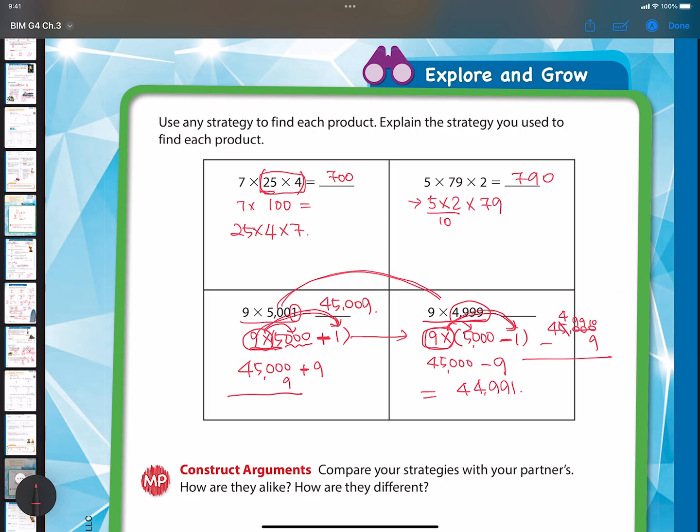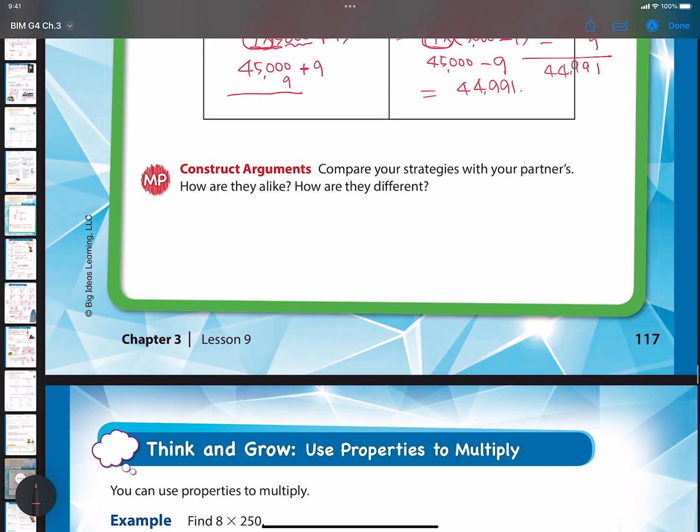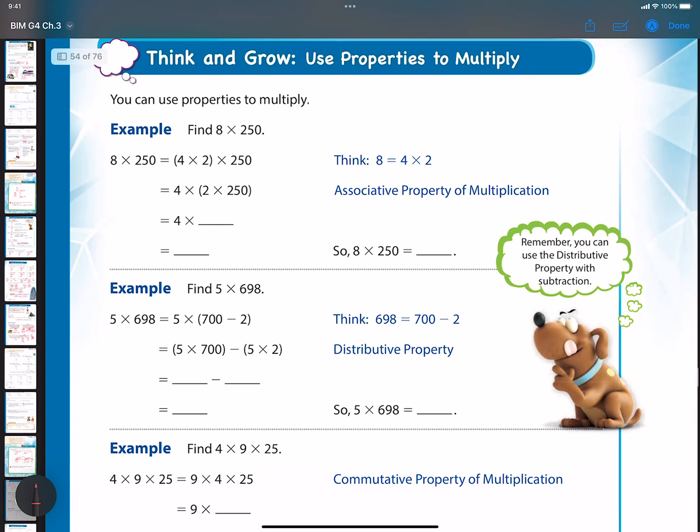Now 10 take away 9 is what? 1. And you need to just bring it down 9944. So the answer is what? 44,991. All right. Since they are asking you to compare your strategies with your partners, we are going to skip it.